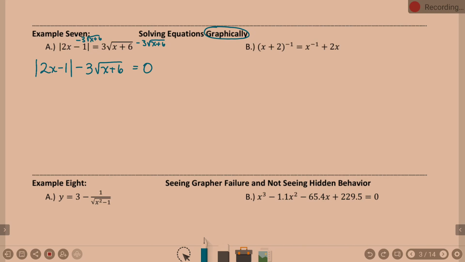Okay. Your job is to graph this. So I'm going to write on here, we're going to graph the equation y equals, and that's what we just found, absolute value of 2x minus 1 minus 3 square root of x plus 6. Okay, you're graphing that.